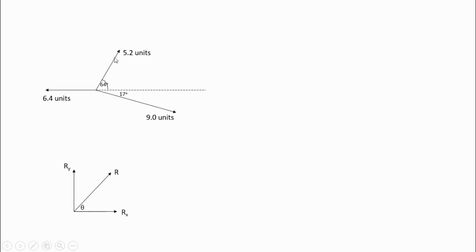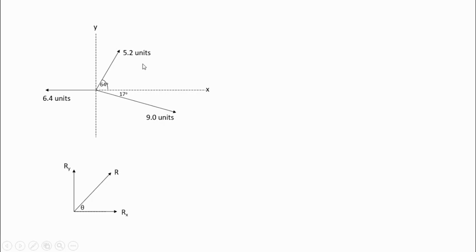So starting with what we're given, we can resolve our original vectors into two perpendicular directions, and it's convenient to use the reference line here as one, which we'll call x, and perpendicular to that we're calling it y.